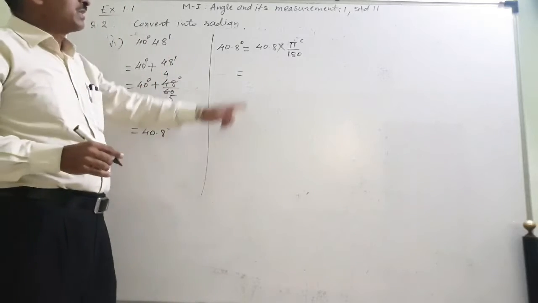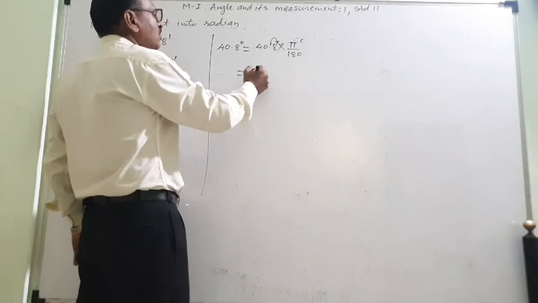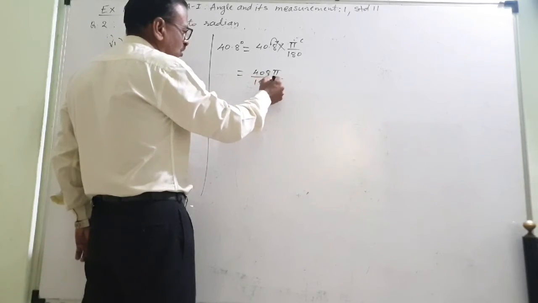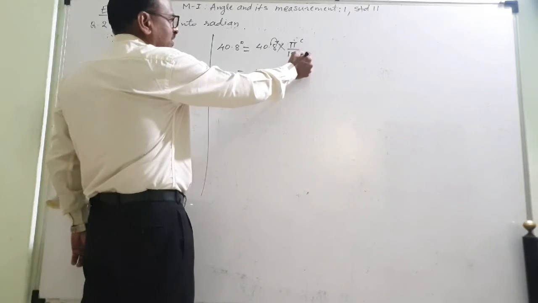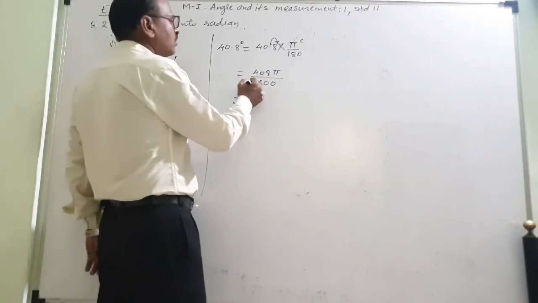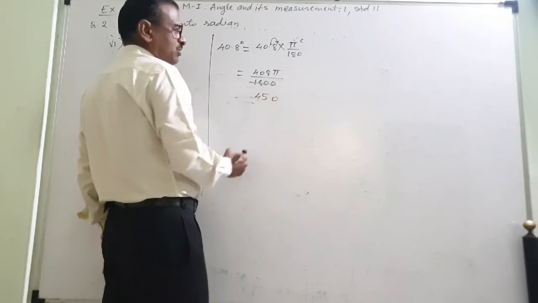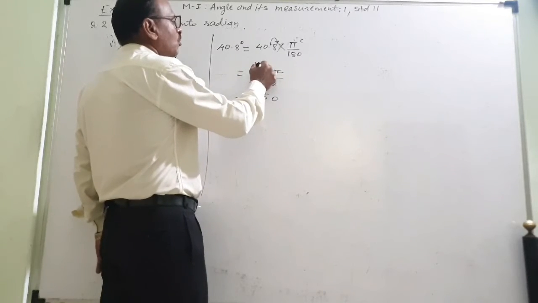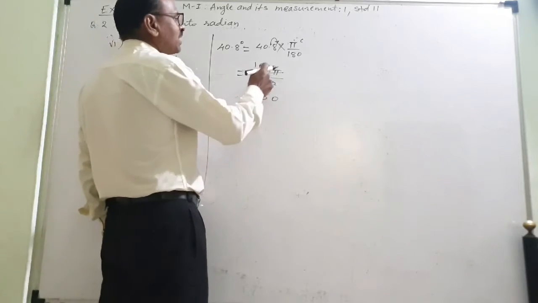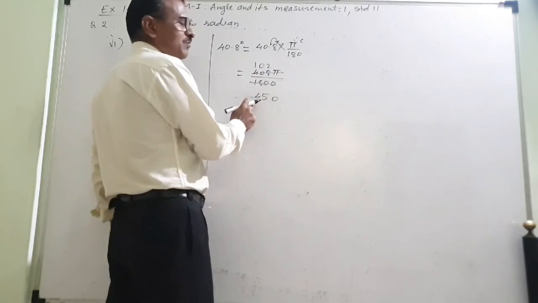You have understood this. Now I want to remove the decimal point, so I will shift the decimal point by one place. It will become 408 pi upon 180 and an additional 0, because I shifted the decimal by one place. So by 4 I will divide. 4 fours are 16, 4 fives are 20, 4 ones are 4, and 4 twos. By 2 now, and by 3 also I can. 2 plus 1 is 3 and 4 plus 5 is 9.